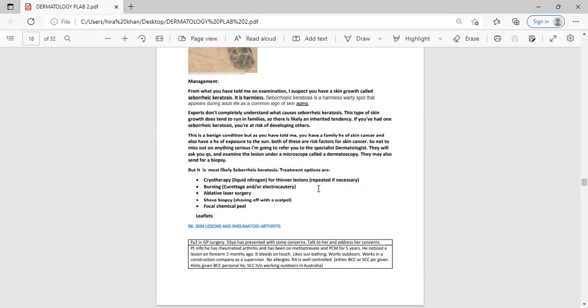The important thing in this scenario is that whatever the patient is having is totally benign. But along with this, to confuse you, the patient will give the history that he has had sun exposure, and also he has a strong history of skin cancer.